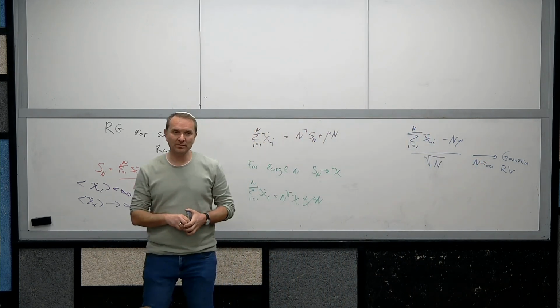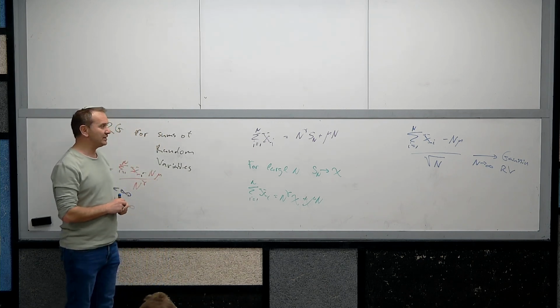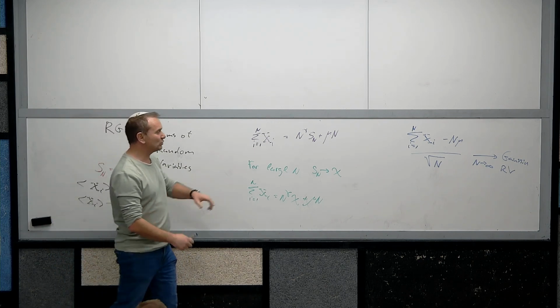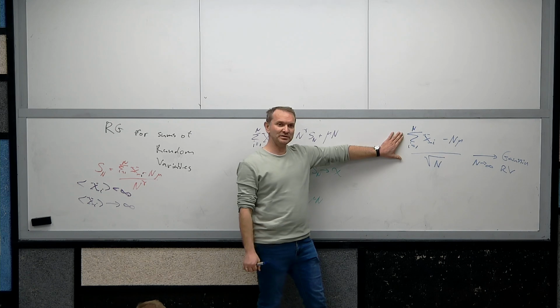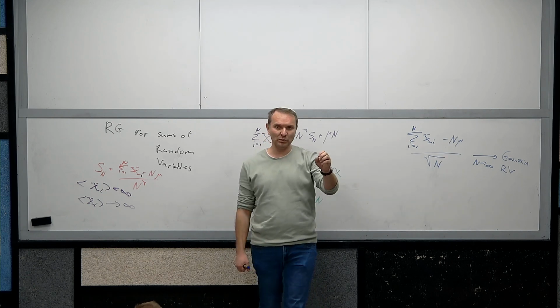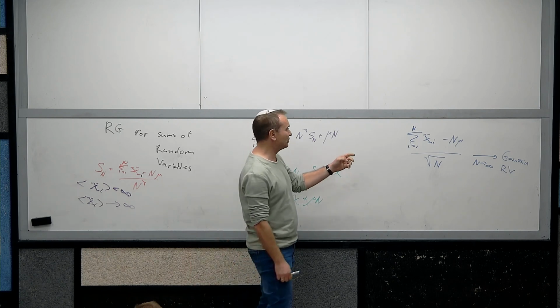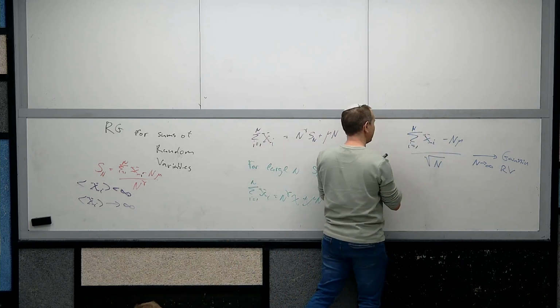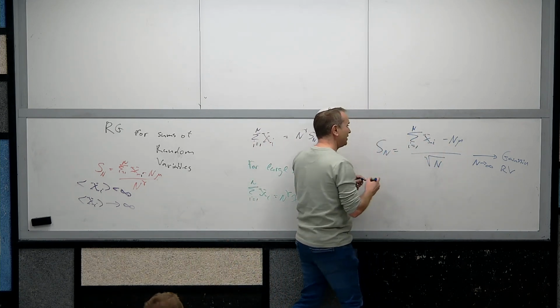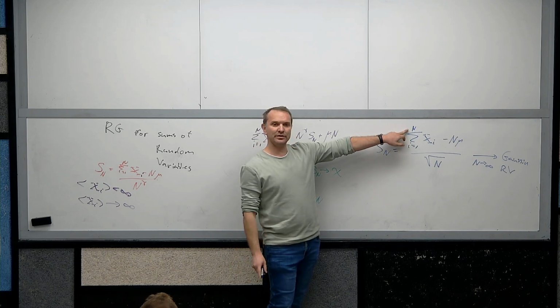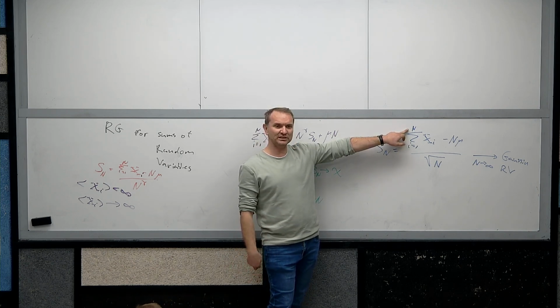But we can also do something different, and this difference will be what happens to the sum, not as a function of n. What we have done usually, we looked at this Sn, and we took n to be extremely large.